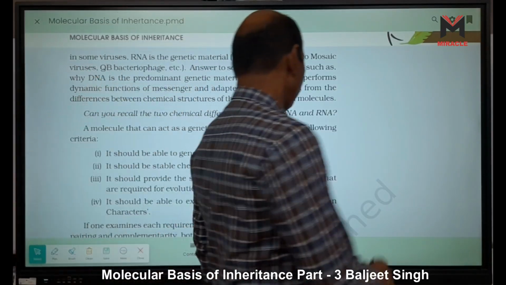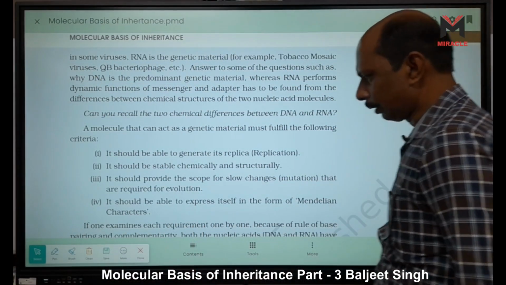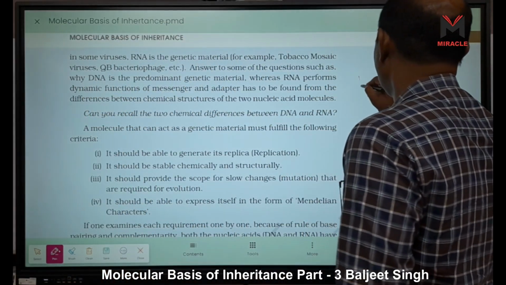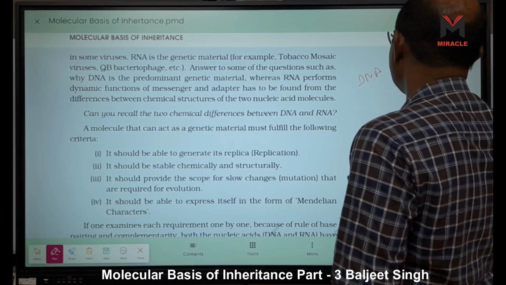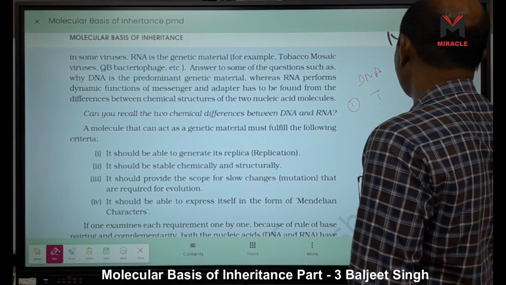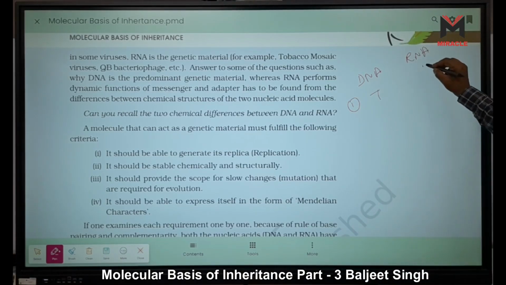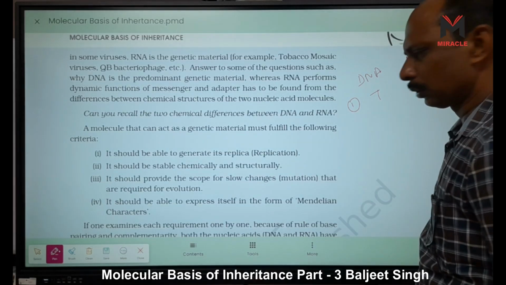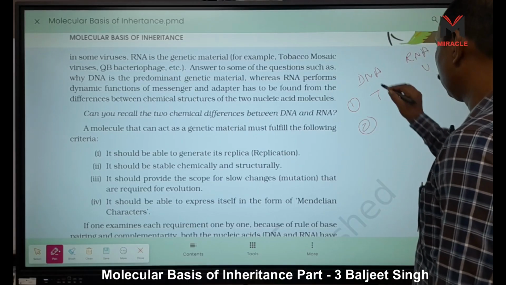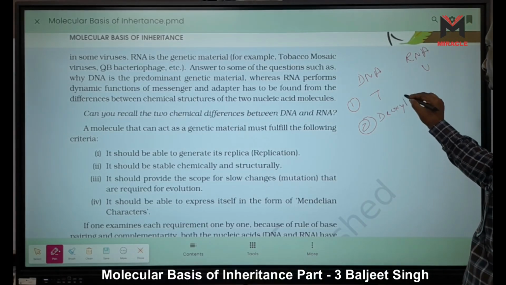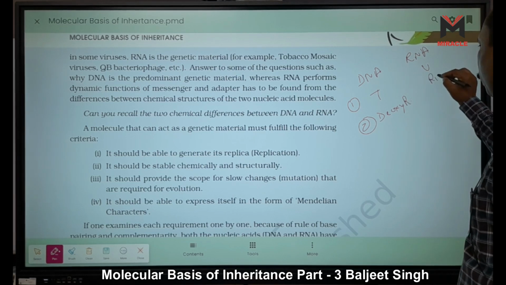What are the two differences? First difference: DNA contains thymine, RNA contains uracil, a difference between pyrimidines. Second difference, the pentose sugar. DNA contains deoxyribose and RNA contains only ribose.